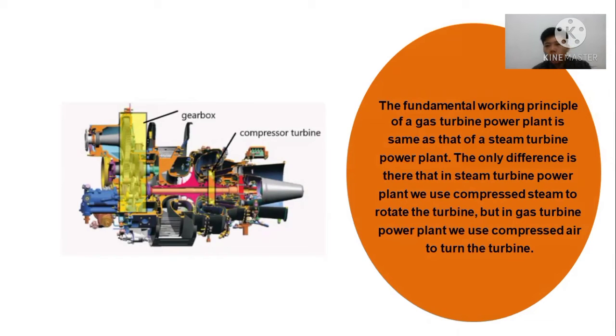The fundamental working principle of a gas turbine power plant is same as that of a steam turbine power plant. The only difference is that in steam turbine power plant we use compressed steam to rotate the turbine, but in gas turbine power plant we use compressed air to turn the turbine.